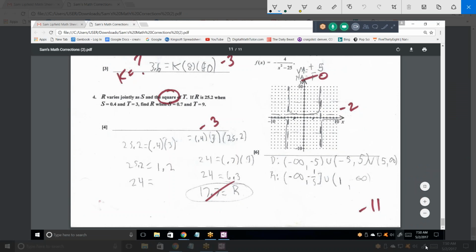If you have x over x squared plus 2x, you take the highest degree in the numerator, which in this case is a 1, and the highest degree in the denominator, which is a 2. If the denominator is greater, then it's always y equals 0, the horizontal asymptote. If it's the same, let's say this was an x squared, then the horizontal asymptote is the ratio of those coefficients, which is 1 over 1.